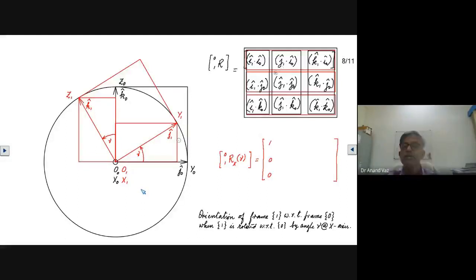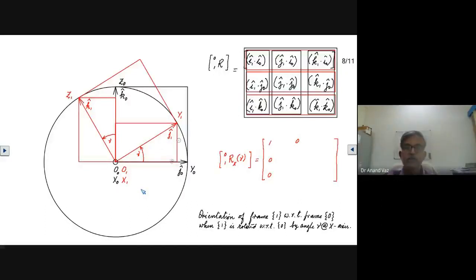Coming to the second one, you have J1 dot I0. They are mutually perpendicular, so this will be 0. Then J1 dot J0. You have J1 here, you have J0 here.